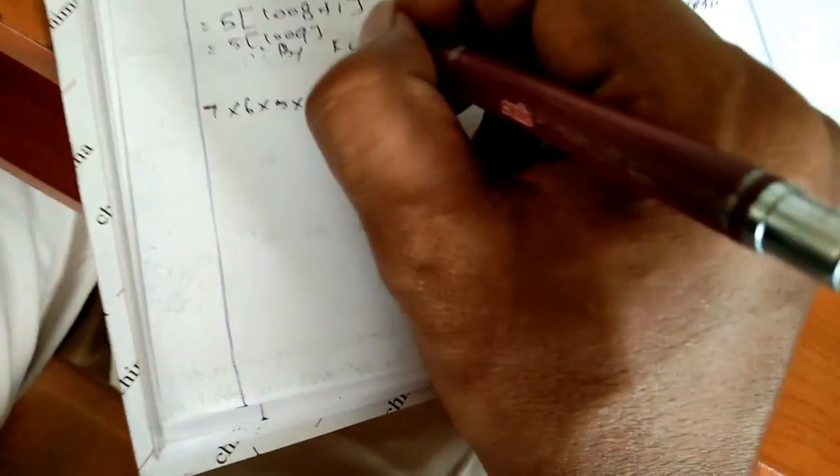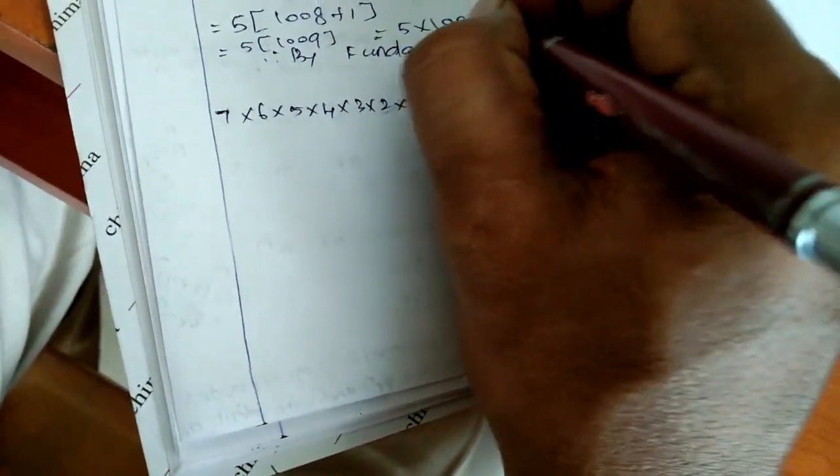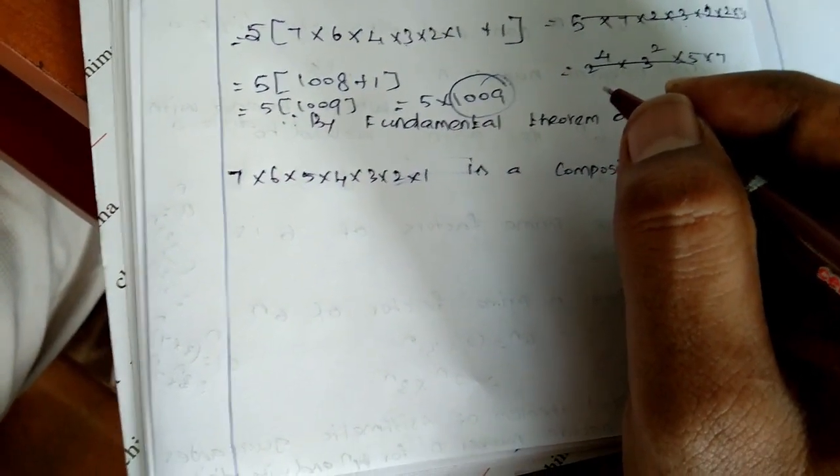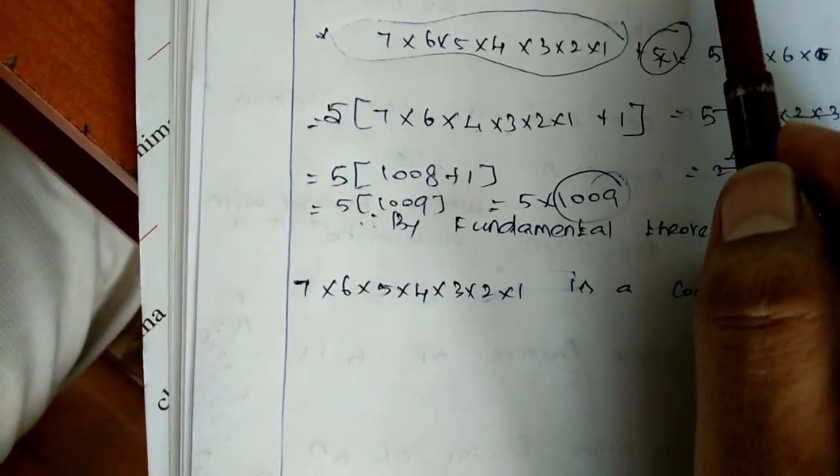Now the prime factors: 5 and 1009. If you write this, you can tell all the terms are prime factors.